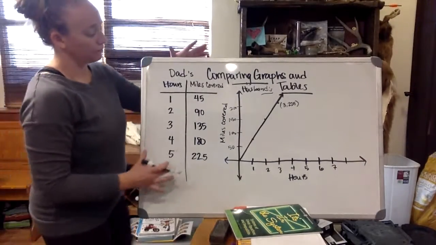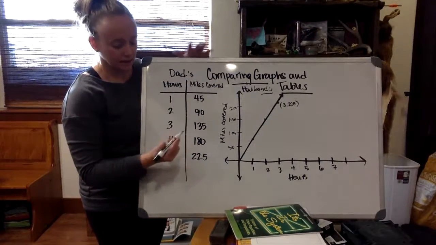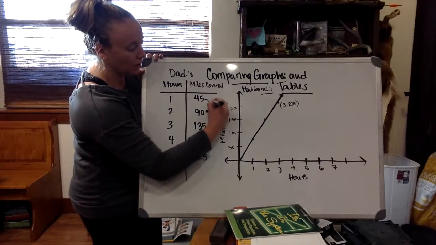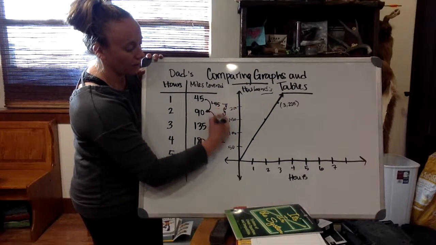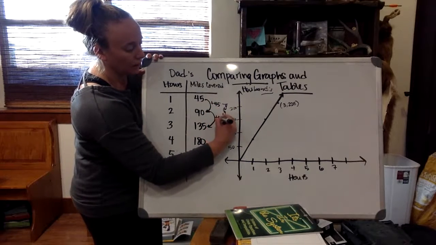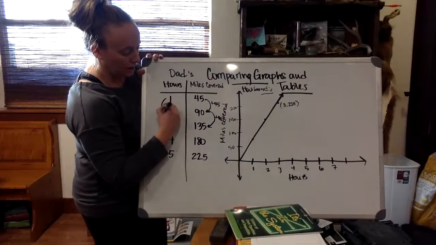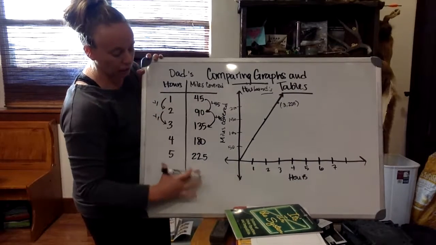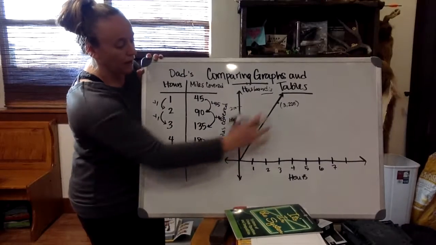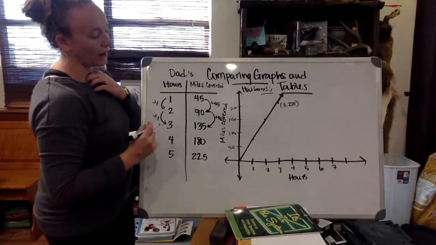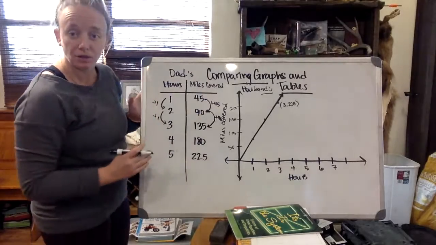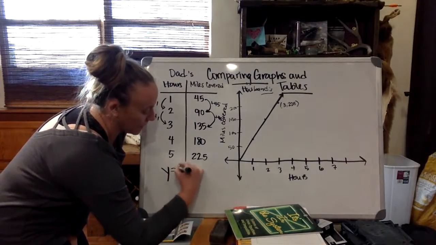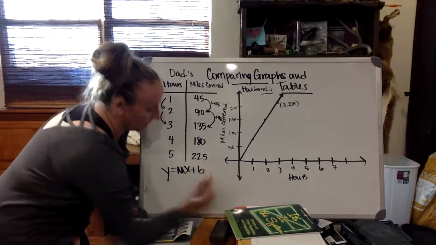All right, so let's look at this table and turn it into an equation. That means I need to find the slope: increasing by 45, increasing by 45, increasing by 1, increasing by 1. I can see that holds true for the entire table. Let's create an equation with this. y equals mx plus b.